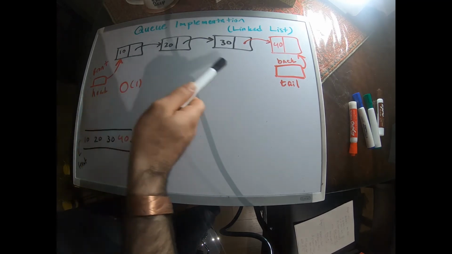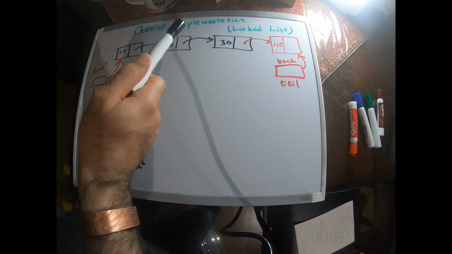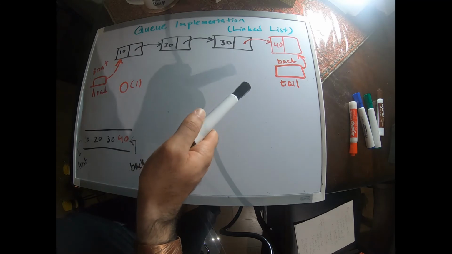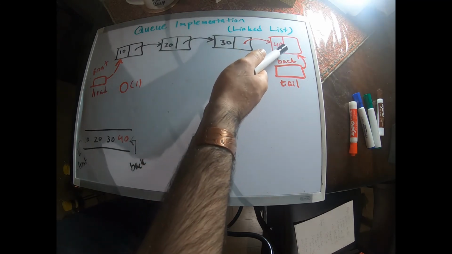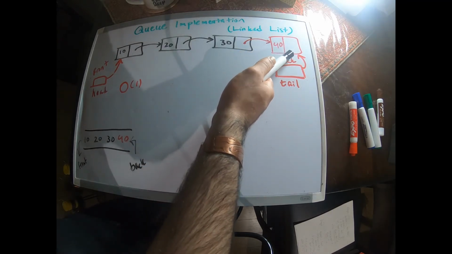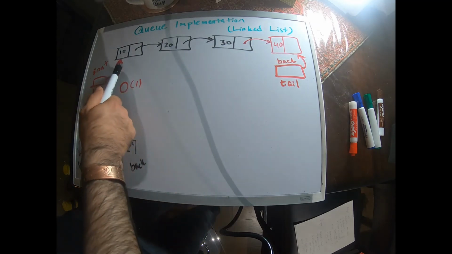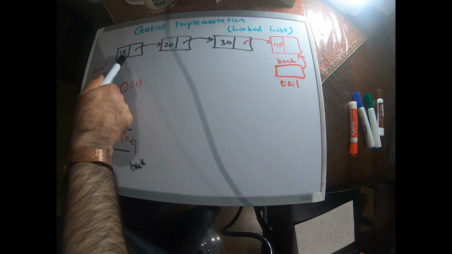When we want to insert or enqueue another element into the queue, we're going to do it at the end, at the tail of the linked list. And when we want to remove data, we're going to do it from the front.